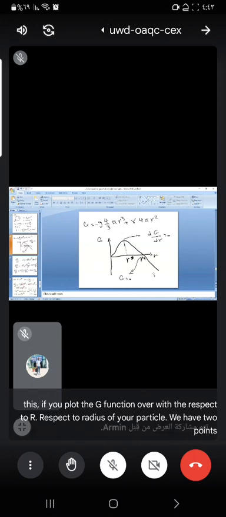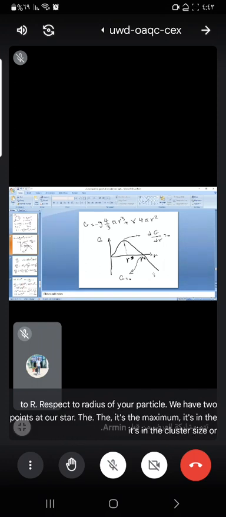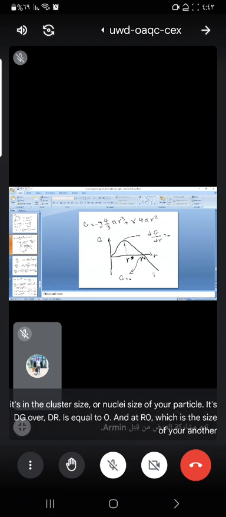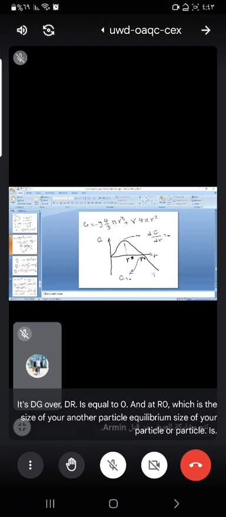At R star, it's at the maximum. R star is the cluster size or nucleus size of your particle. There dG over dR is equal to 0. And at R0, which is the equilibrium size of your nanoparticle or particle, the G function is equal to 0.